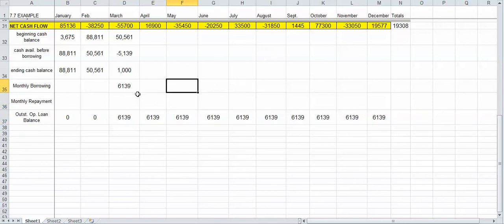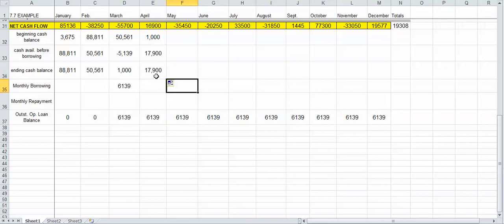Okay. In April, we have another positive month. We have a beginning cash balance of $1,000. We ended with $1,000 in the last month. So our cash available before borrowings is a nice $17,900.